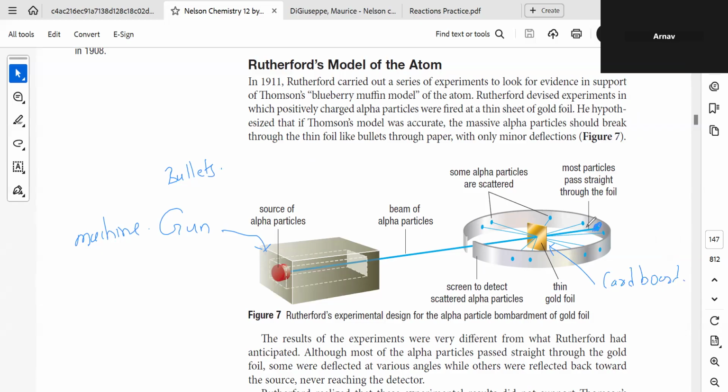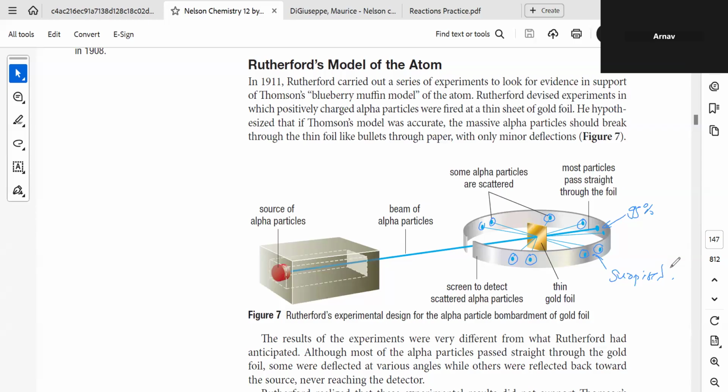What he observed was that around 95% of the particles passed through the gold foil, but there were a few which were deflected. This deflection is what surprised Rutherford. Why? Because he said, my assumption was all the particles should pass through.